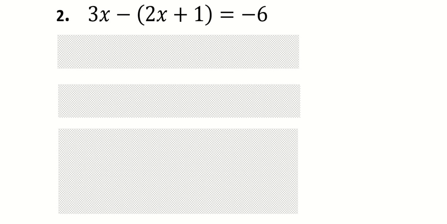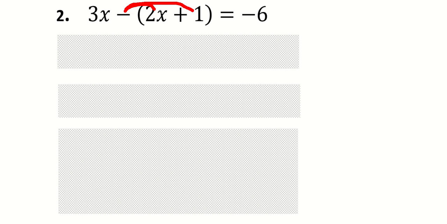Another example, similar. If you want to pause and try this yourself, but I'm just going to dive right in. So last chance to pause. Similar to the one we just did, we're going to distribute this negative sign, which is essentially a negative 1.